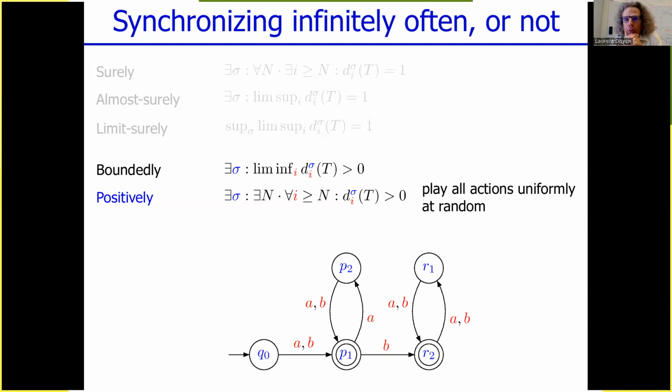So what I claim is that a strategy to achieve positive winning could play all actions uniformly at random.